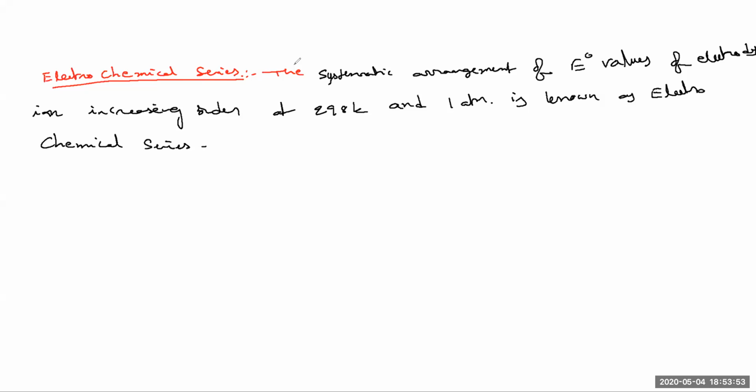So what was E naught? Electrode potential values. E naught is the electrode potential. Now take this electrochemical series.